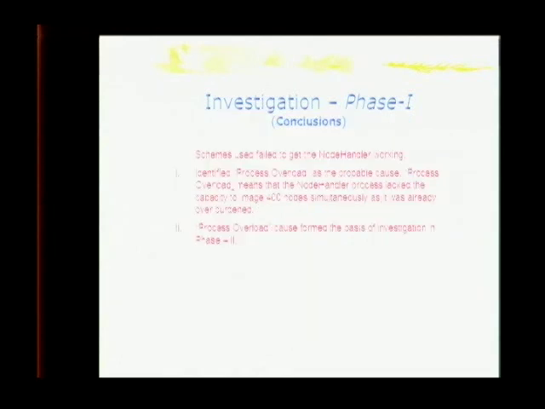From this I was able to conclude that this was happening because the process was vastly overloaded. It was a process overload problem. The NodeHandler was able to cope with the workload in a 64 node grid, but in a 400 node grid it couldn't, and so process overload formed the basis of investigation in phase 2.